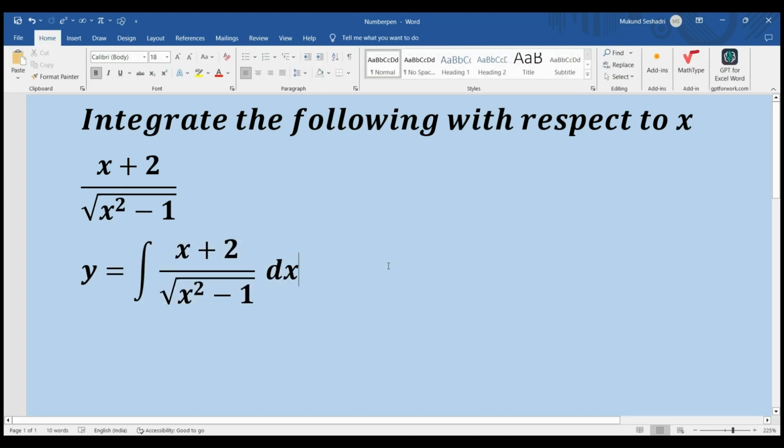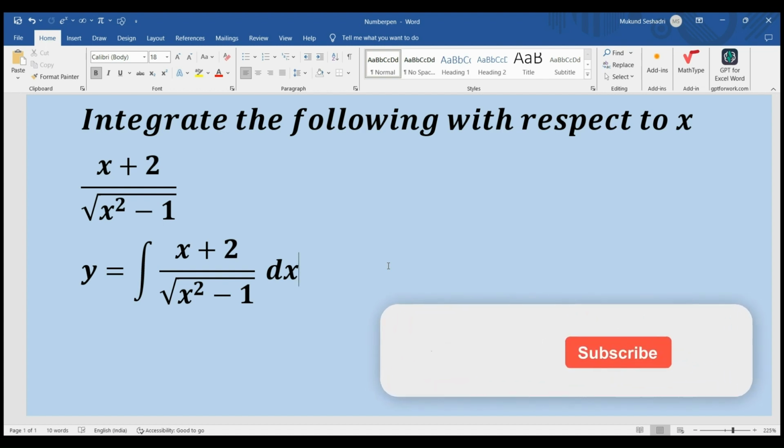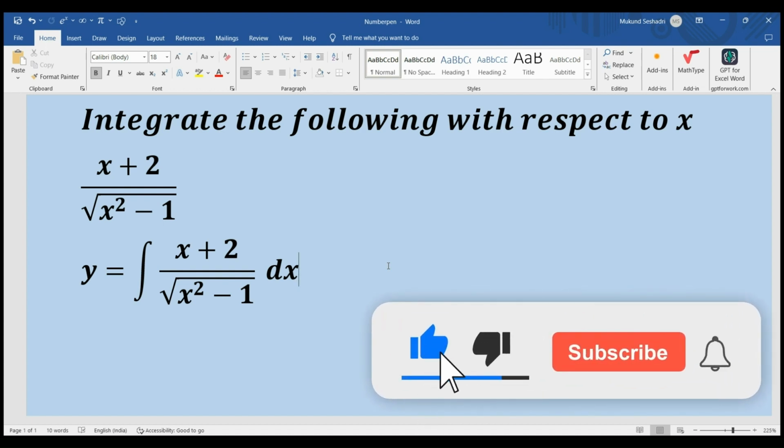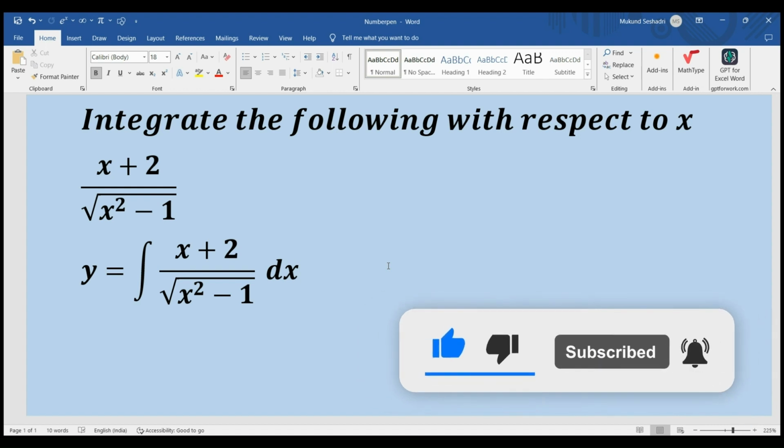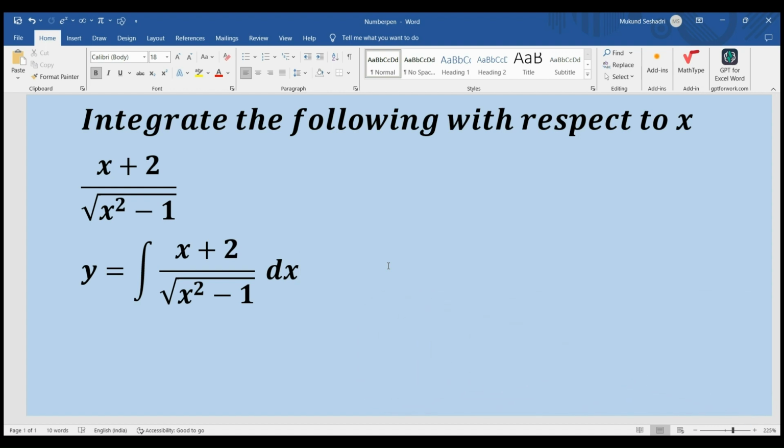So that's my y. I notice that my y is not in a very simple format whose antiderivative I know from first principles. But when I take a closer look at y, I see that I have a linear expression in the numerator, which is my x plus 2, and I have a quadratic expression x square minus 1.